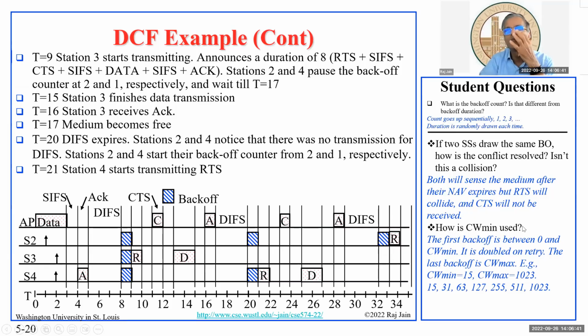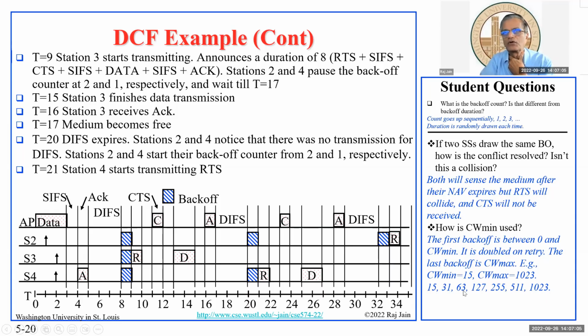So how is CW min used, right? The first back off is between 0 and CW min. It is doubled on every retry. And the last back off is a CW max. After that, you throw away. So easy. For example, you started the CW min at 15. You will go from 0 to 15. Next time, you will go from 0 to 31.